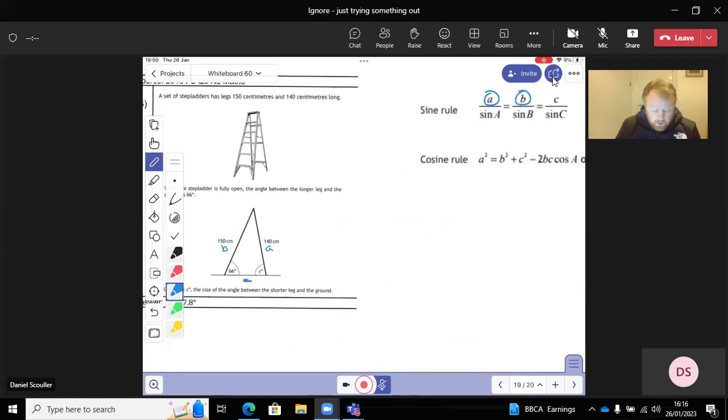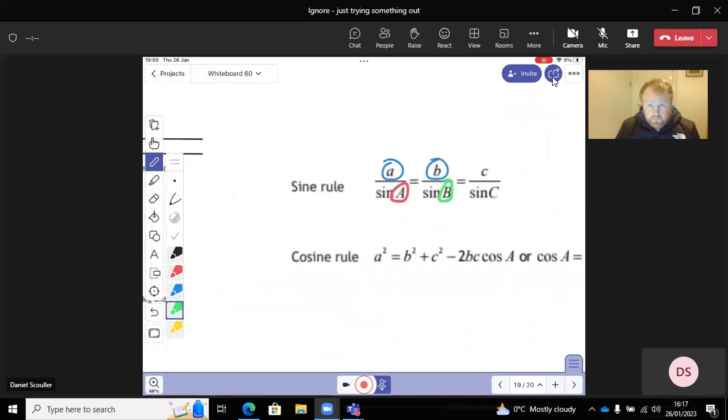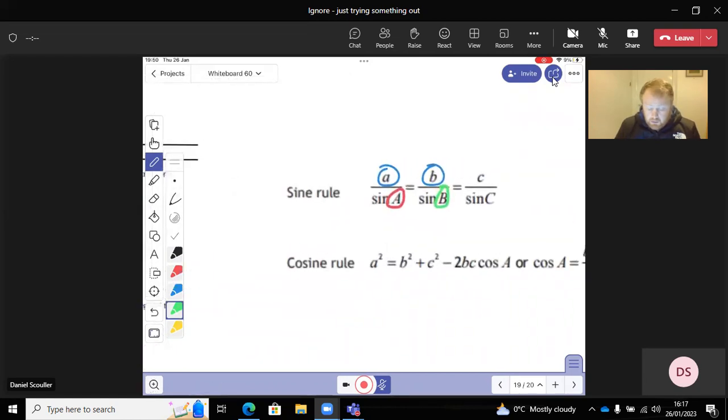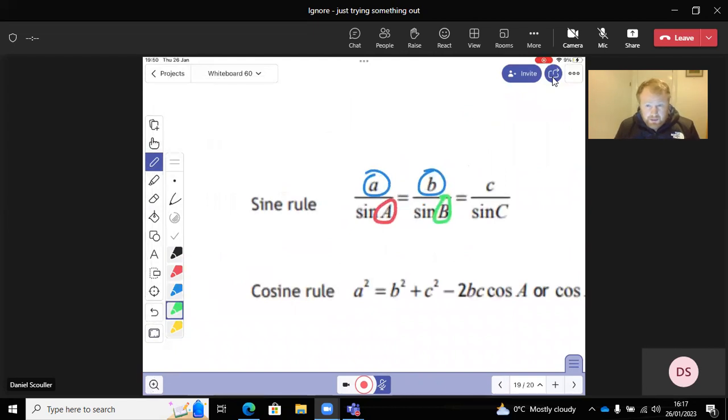We also have the angle here, which in this case will be sine A, and we're looking for this angle here, which on the equation will be B. So we've got A, we've got B, and one of the angles.